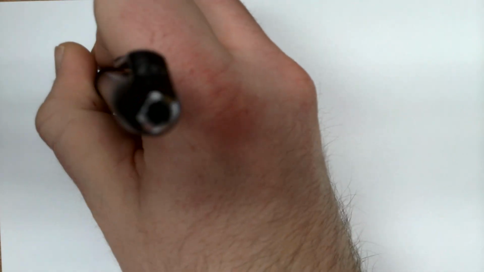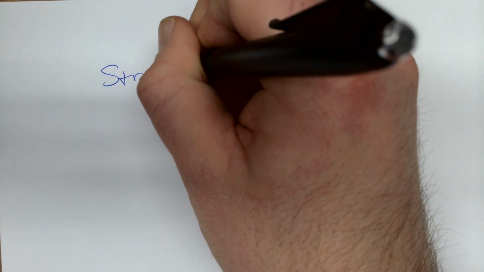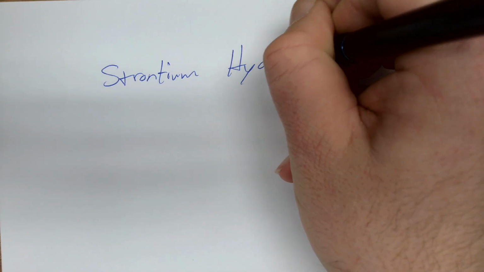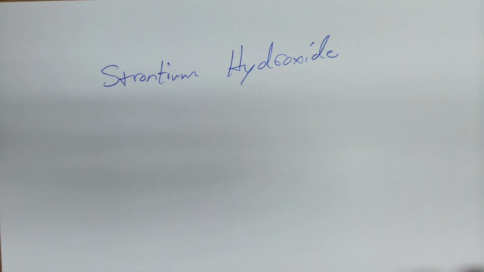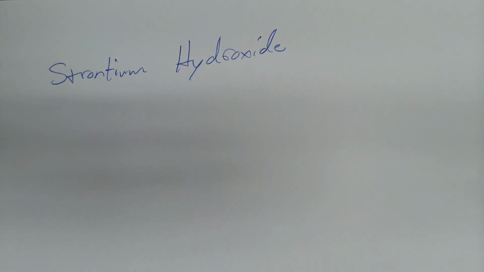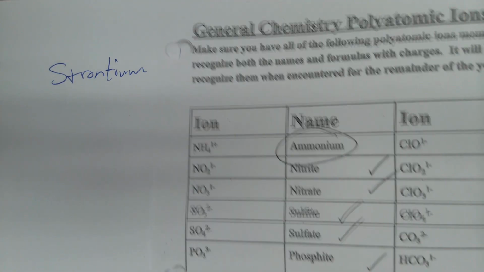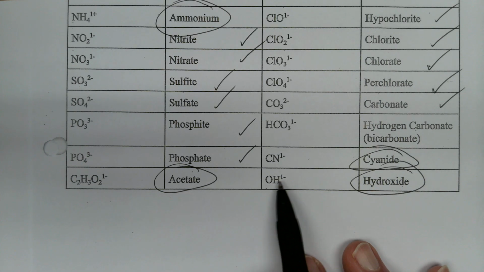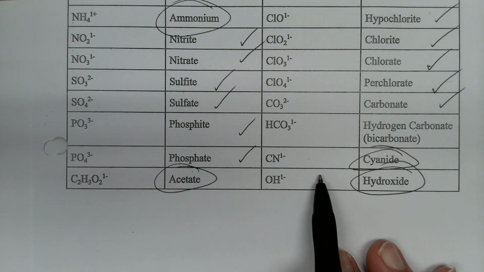So if I'm looking at the first example, strontium hydroxide. Now, if I'm looking at my polyatomic ion sheet, I see my hydroxide right here. It's OH with a -1 charge.